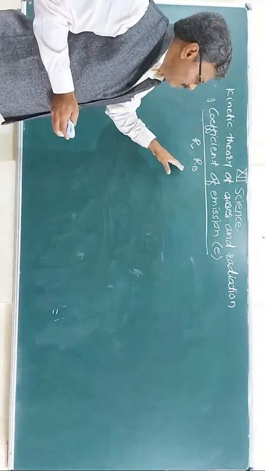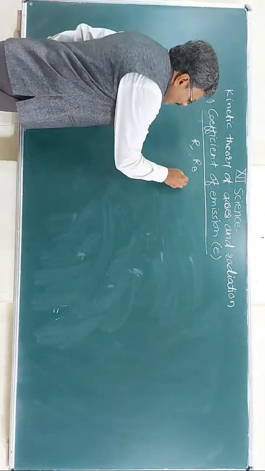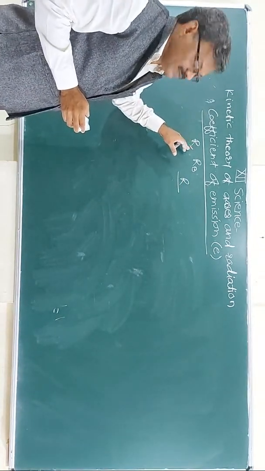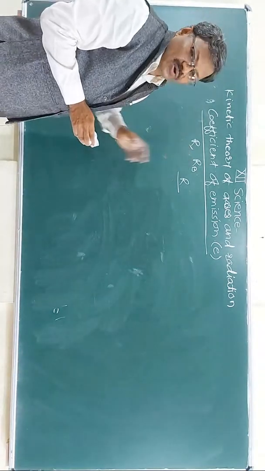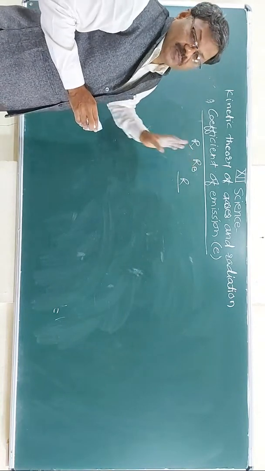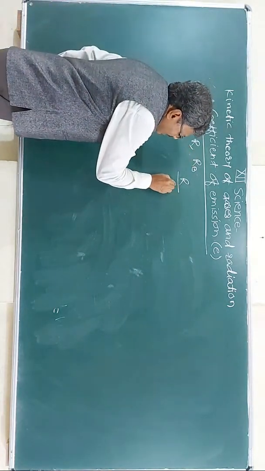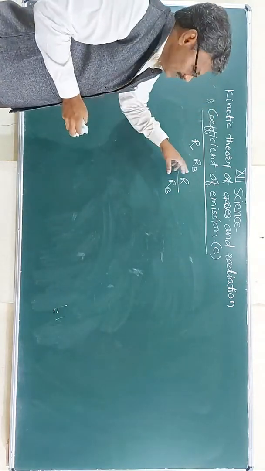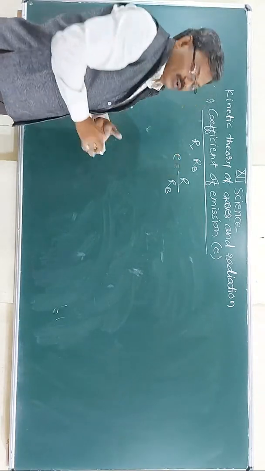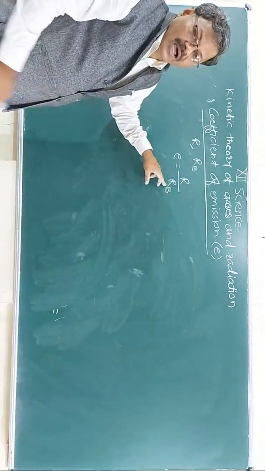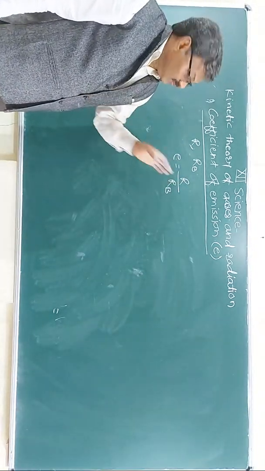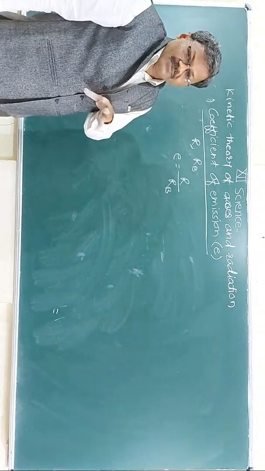This ratio of the emissive power of the surface to the emissive power of the perfect black body at the same temperature is known as the emissivity. Therefore, E is equal to R upon R_B, where both are the emissive powers at the same temperature.